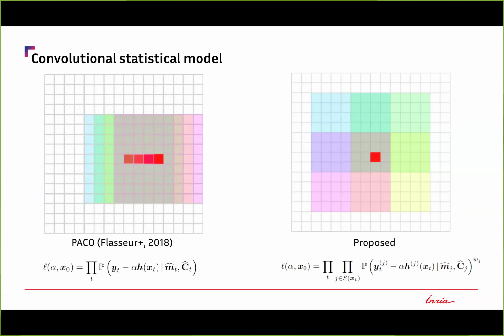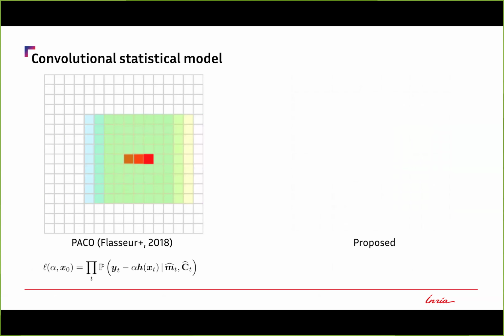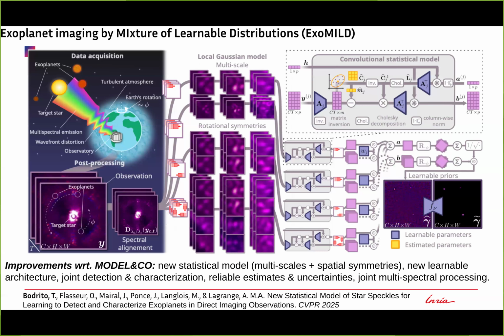And also, here we combine adjacent patches for each pixel, but we can go even further than that. Instead of combining patches that are adjacent or overlapping, we can combine patches that are opposed, basically. That's what I showed here. So we can have a joint model of patches that are located at opposing sides of the PSF. And we can go even further than that.